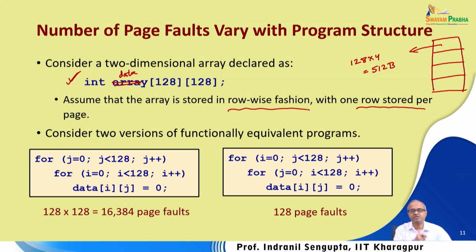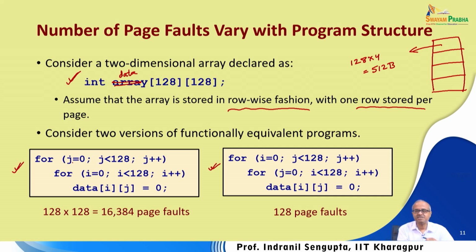Suppose I want to write a small program which will initialize this entire array to all zeros. There are two versions of programs I am showing here. In the first one, the j loop is first and i is the inner loop. In the second one, i is the outer loop, j is the inner loop.